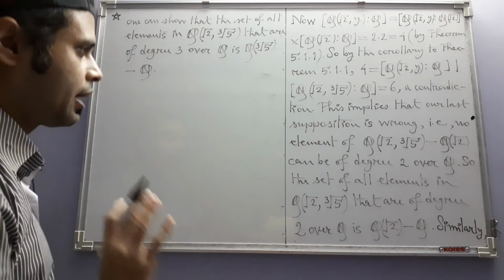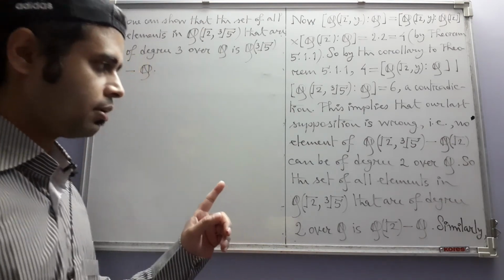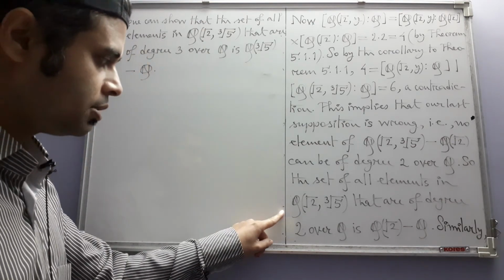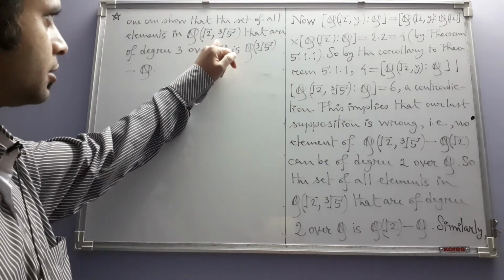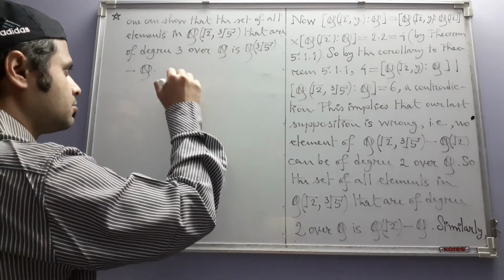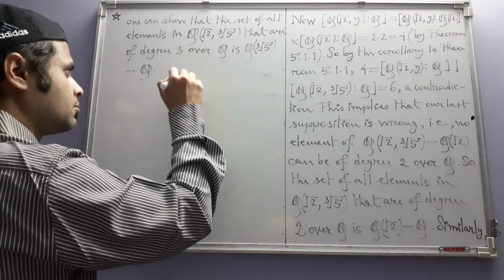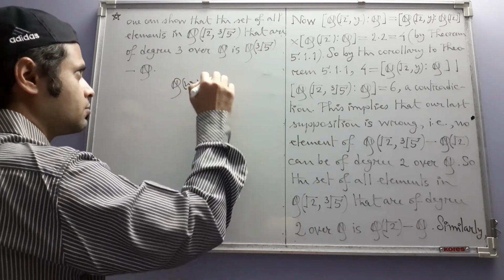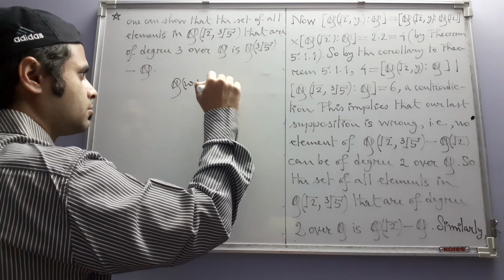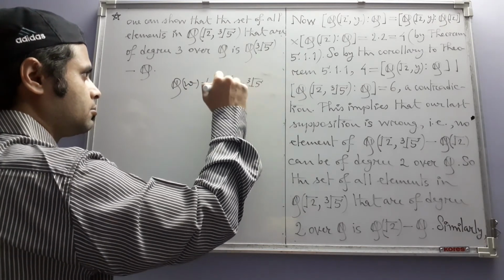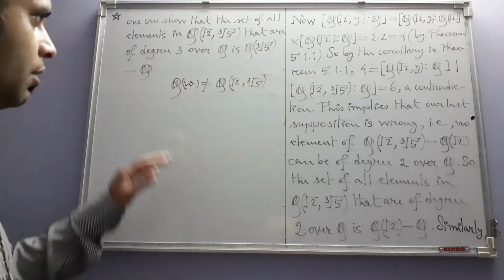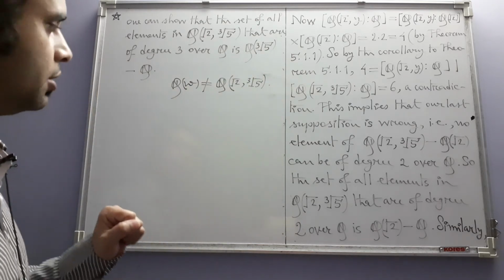So what is our ultimate conclusion? We assumed w to be an element in this extension for which this is not equal to this. We wanted to know what w is.